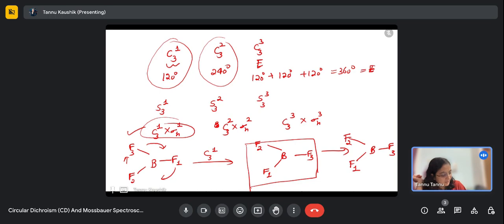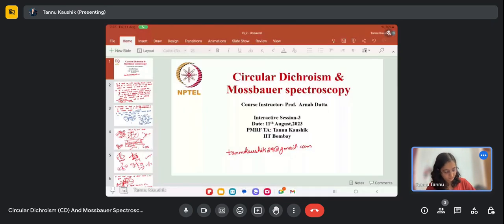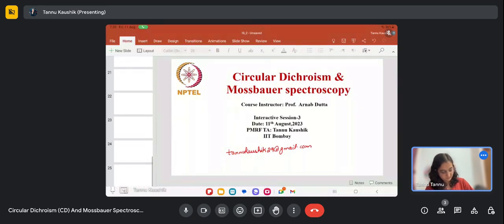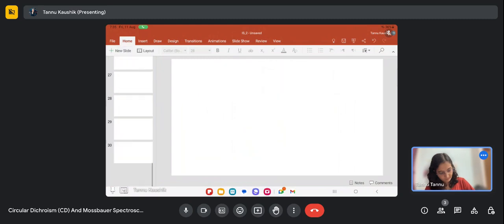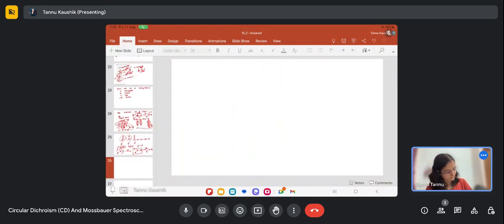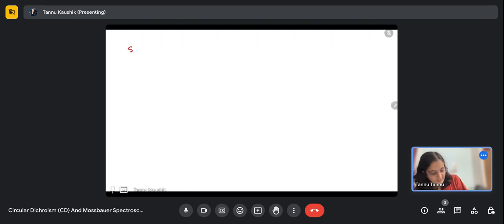Now, if we go to S32, S32 is C32 into sigma h square. So even power of sigma h gives you the identity operation.